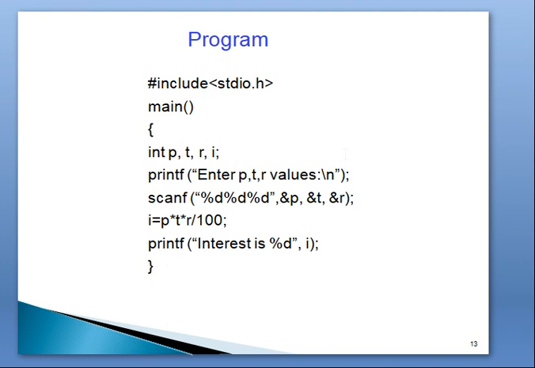Printf interest is %d comma I. Now the interest is stored in the I variable and that stored interest is printed on the screen. This is the difference between the previous example and this example. The purpose of these two programs is same, but in the second program we reduced the length of the program.